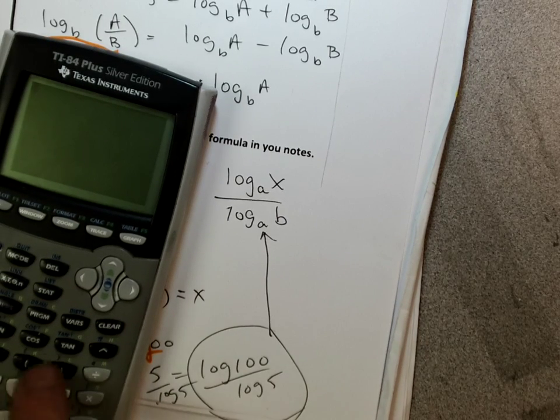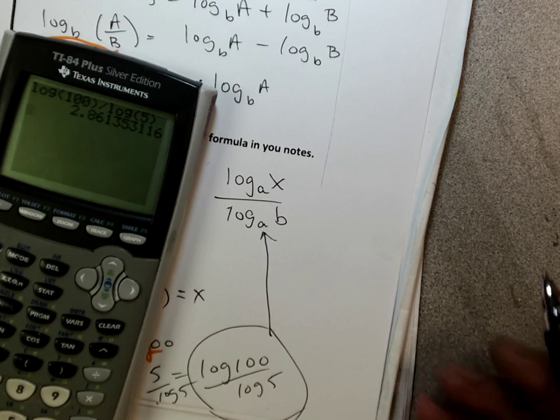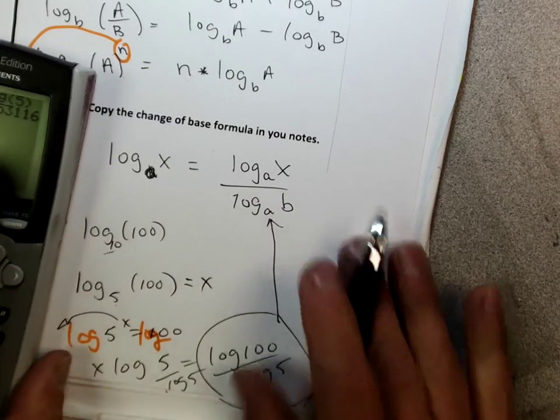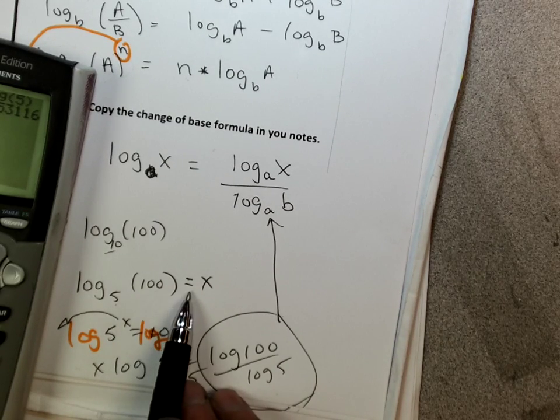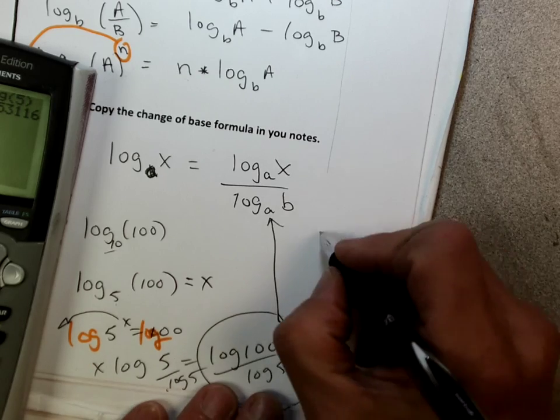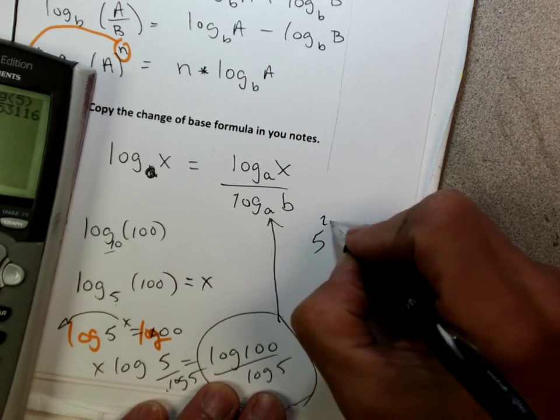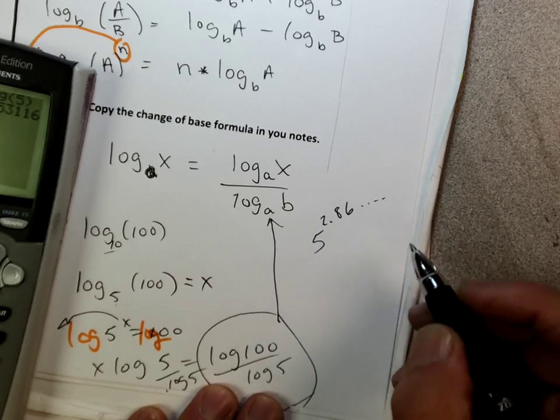So if I go log, now this is calculator log, log of 100, close the parentheses, divided by log of 5, I get an answer of about 2.86, okay? So if I were to try and take log base 5 of 100, it'd be about 2.86, or 5 to the 2.86 should equal 100.